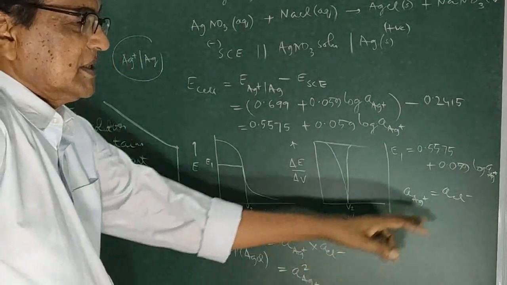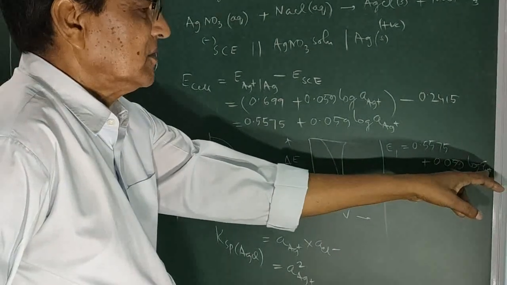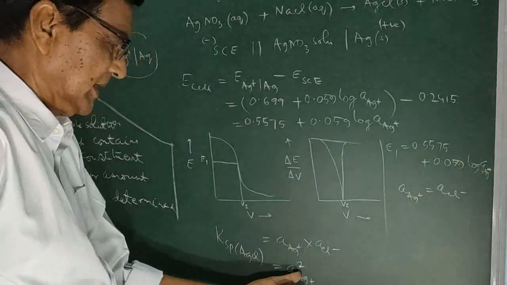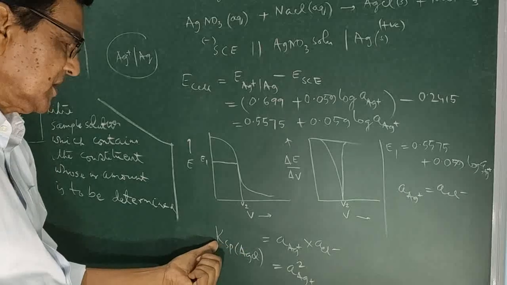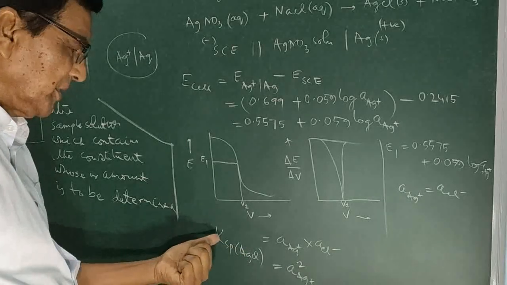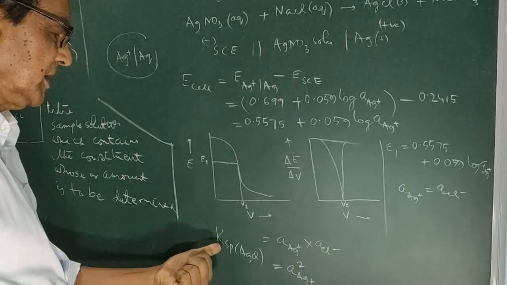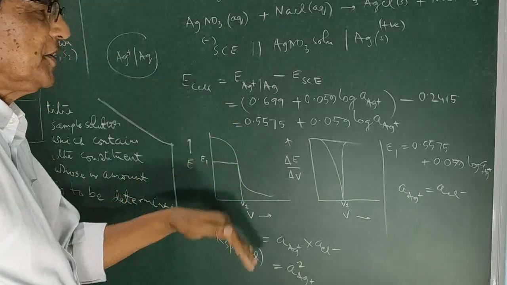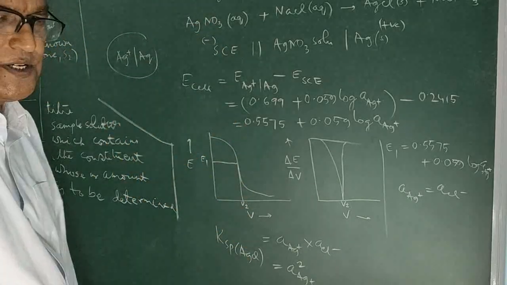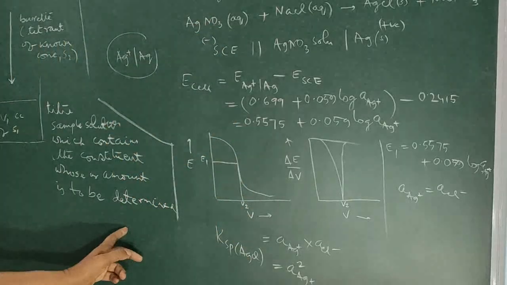So from this, the activity of silver ion could be obtained, and here it will be squared up and gives the solubility product of this silver chloride, in addition to the titration value.